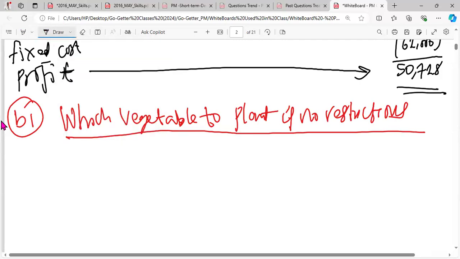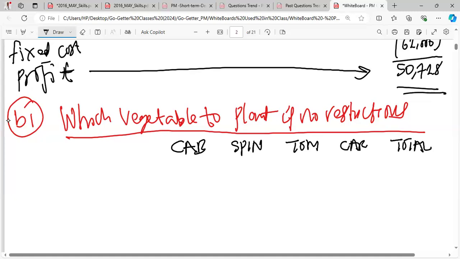You will come back again. This is going to be your cabbage. This is still your spinach. This is your tomato. And this is your carrots. You can put your total here. No problem.